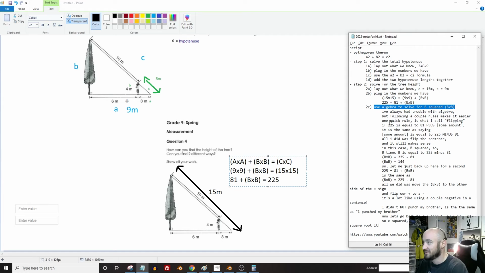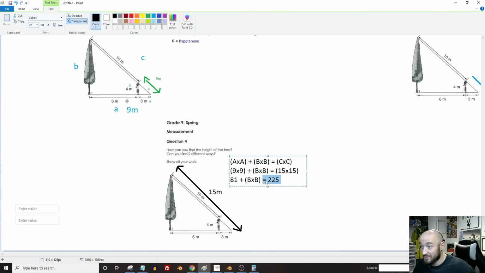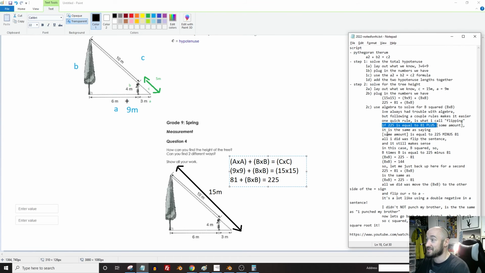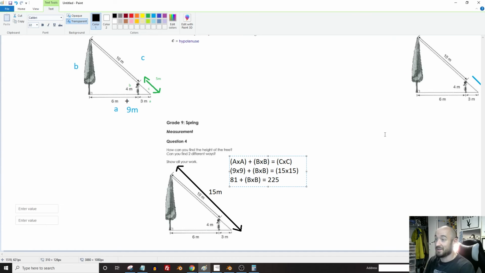So 225 is equal to 81 plus b times b, right? That is the same as saying 225 minus 81 is equal to b times b.